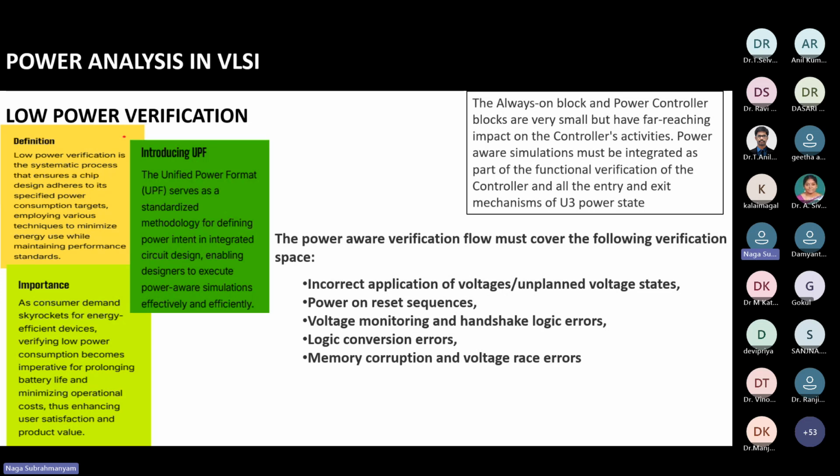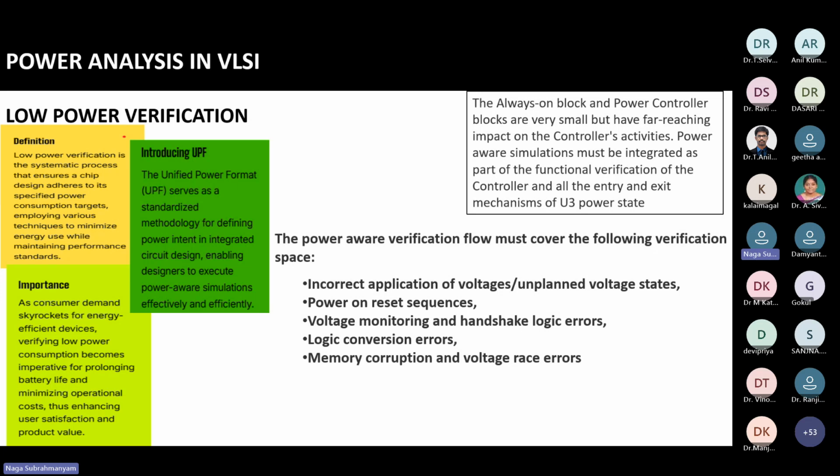Okay, so for this, they are introducing a separate method called UPF, Unified Power Format, which serves as a standardized methodology for defining power intent in integrated circuit design, enabling designers to execute power-aware simulations effectively and efficiently.